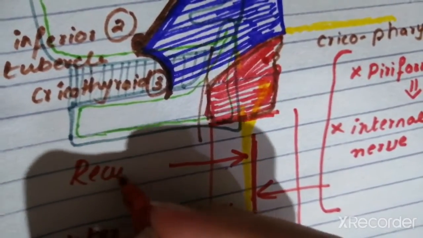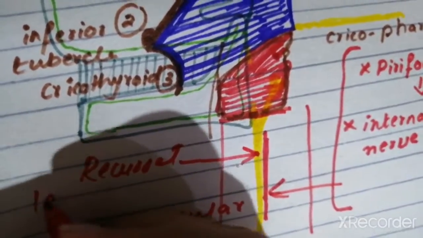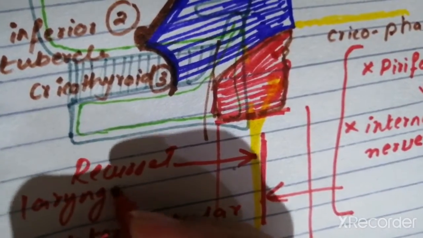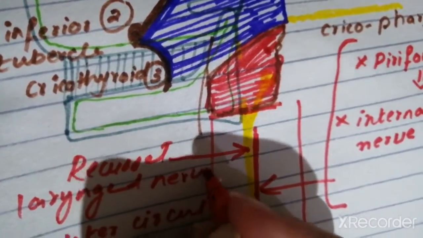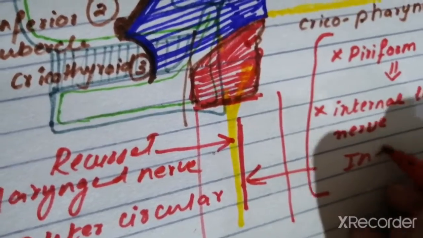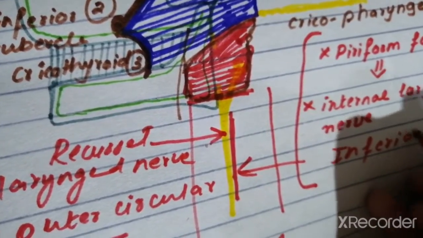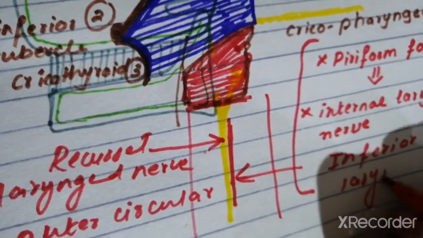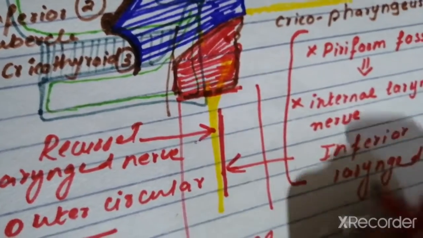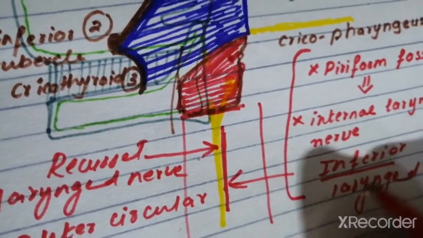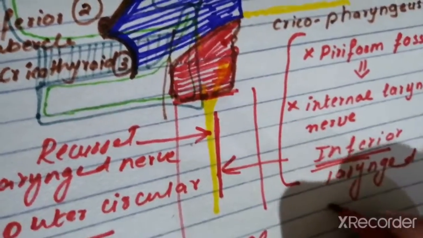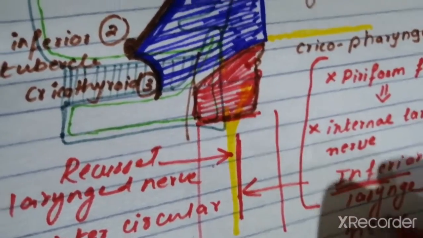Recurrent laryngeal nerve is a very important branch of the vagus, and the inferior laryngeal vessels are also important. So these are going to be traversing the gap between the inferior constrictor and the esophagus.